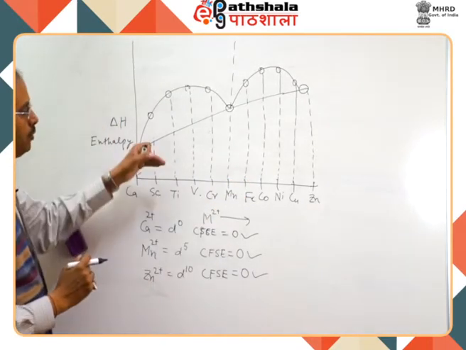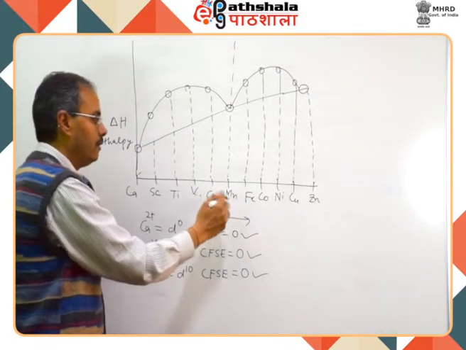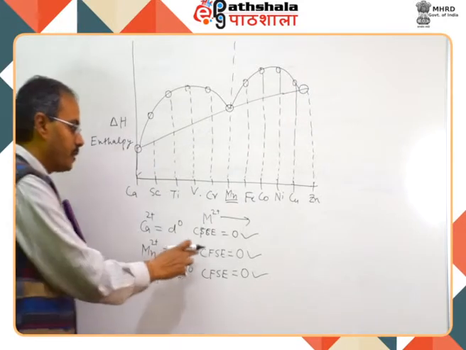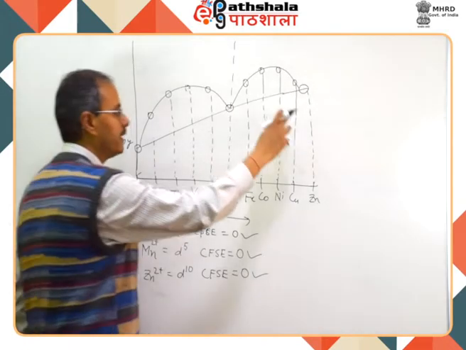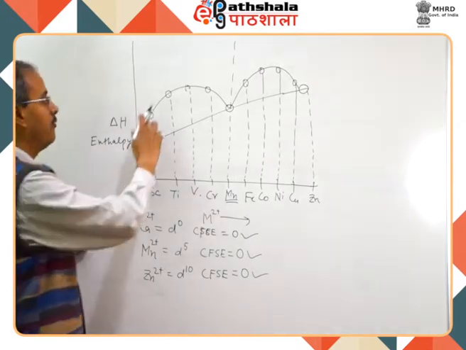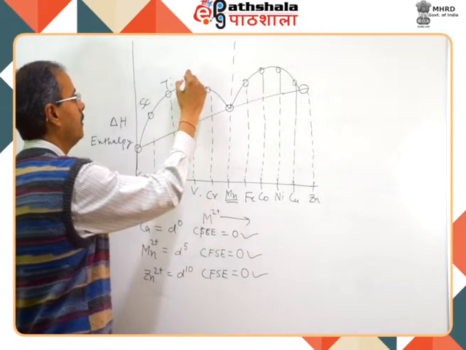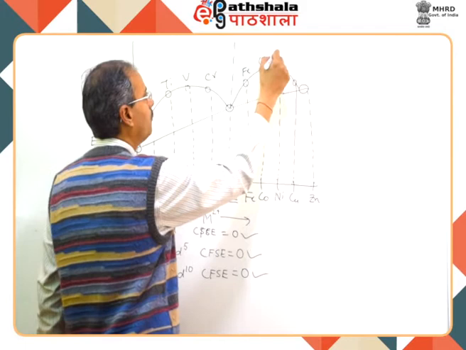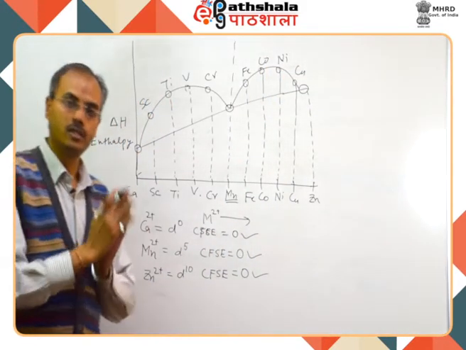We will have only 2 deviations starting from the d0. The first deviation will come for manganese, where the electronic configuration is d5, which will lead to 0 CFSE, and the next one is going to be zinc, for which CFSE is again 0. For all these, for example scandium, titanium, vanadium, chromium, iron, cobalt, nickel and copper, the CFSE is not 0.